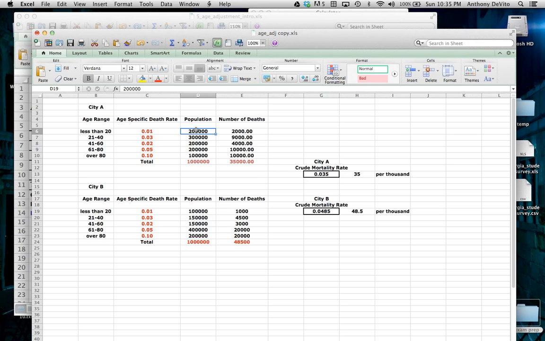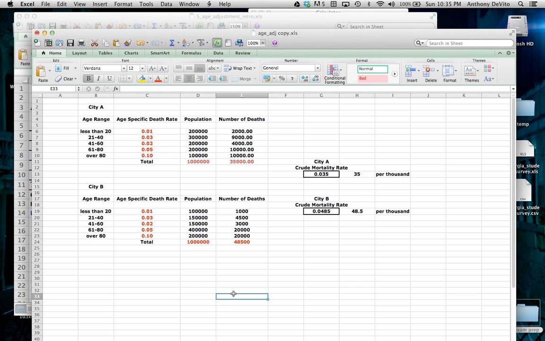City A has a younger population than City B. So even though the age-specific death rates are the same, I have more deaths in this population because it's an older population and their death rates are higher. There's no difference in the death rates within the age groups, and the cities are equally healthy. I get a higher death rate here simply because it's a much older population than City A.